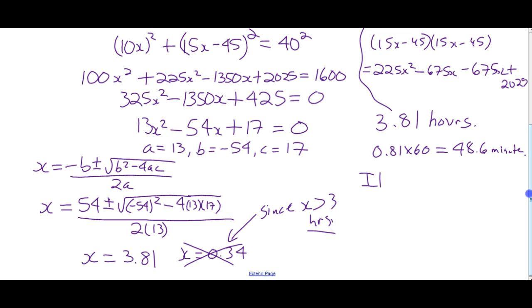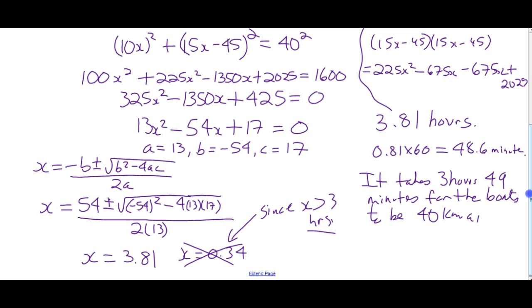Okay, so it takes 3 hours, 49 minutes, rounding to the nearest minute, for the boats to be 40 kilometers apart. Okay.